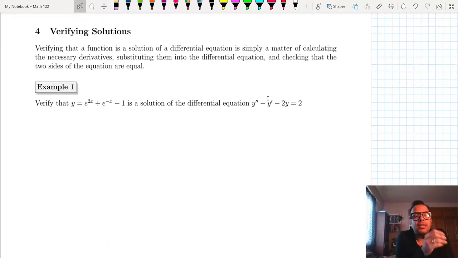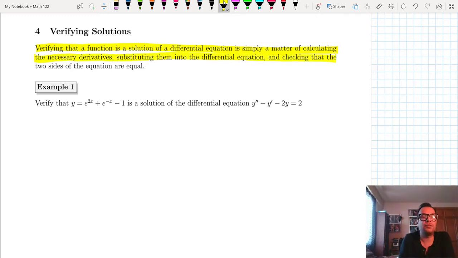All right, verifying a solution. We're not going to solve differential equations yet. First, in order to verify that a function is a solution, all we have to do is find the required derivatives and then substitute on both sides of the equation and be sure that both sides match.